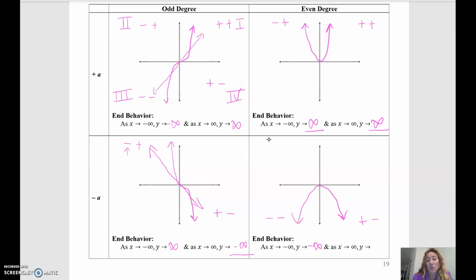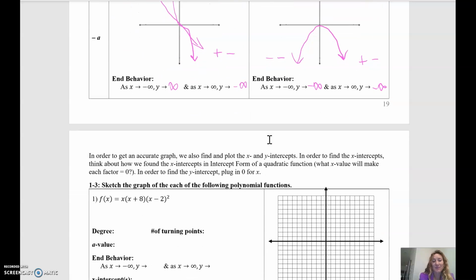And as x goes towards positive infinity, y still goes towards negative infinity. So the y is again going in the same direction for both sides of the graph. So sometimes we refer to that as same end behavior, because the y values go in the same direction. Not odd, where the x and y do the same thing for a positive a value.